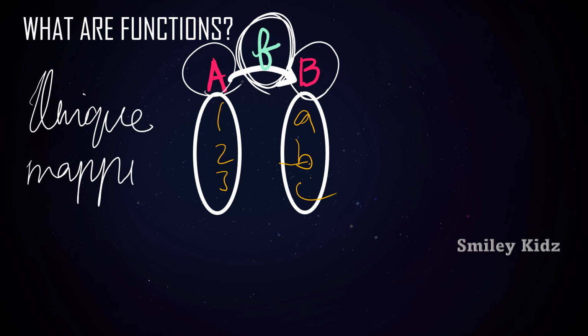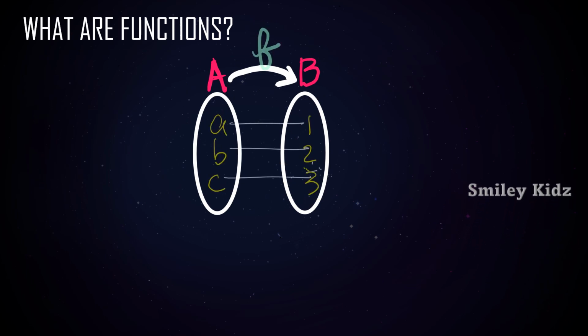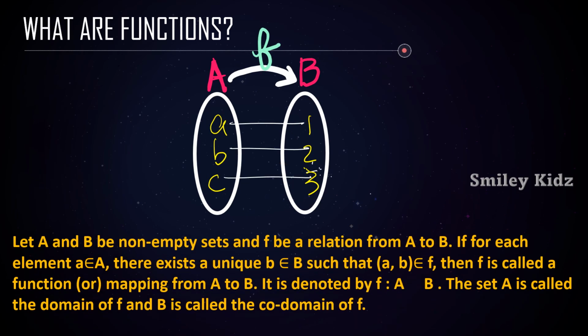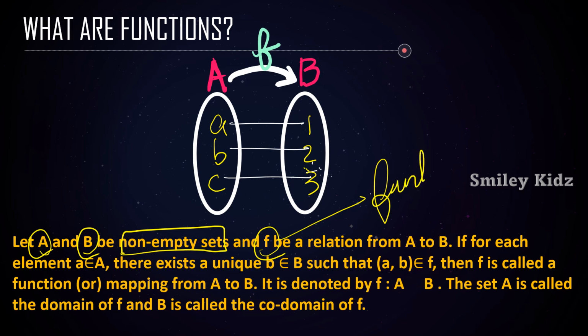Now let's bring up that hefty definition which we had previously. Well, this is it. Let A and B be two non-empty sets. Fine. And f be the relation from A to B. f is nothing but your function. Here let's understand the difference between a relation and a function.